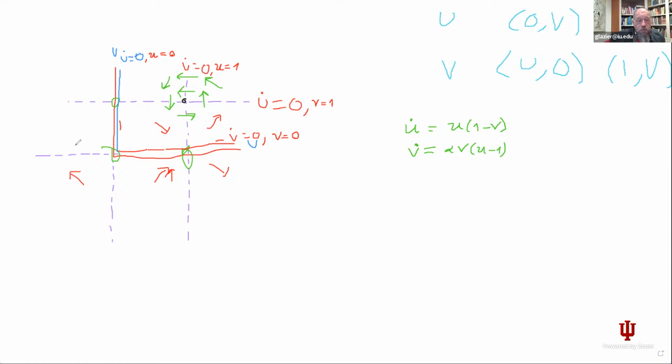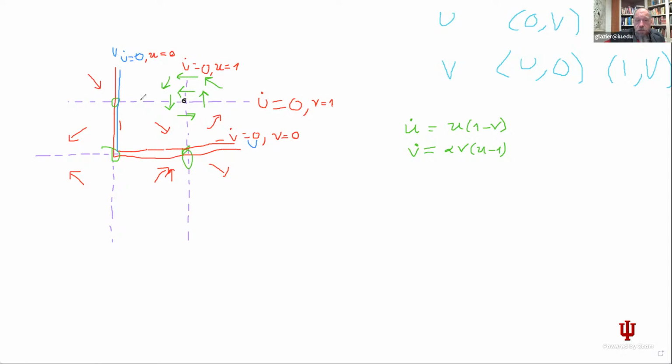So that's going to flip in the v direction. We cross here, we cross the u dot null-cline, so that's going to be like that. This one is going to flip in the u direction. So it's going to be downwards and to the left. So it looks like that, I think. I made a mistake here, didn't I? Which one is wrong?